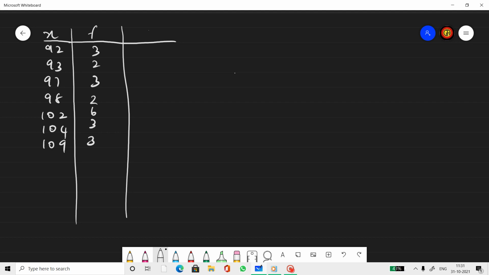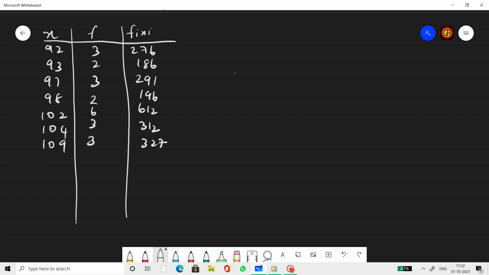So the mean is Fi into Xi, that's 92 into 3, 276, 93 into 2, 186, 97 into 3, 291, 98 into 2, 196, 102 into 6, 612, 104 into 3, 312, 109 into 3, 327.